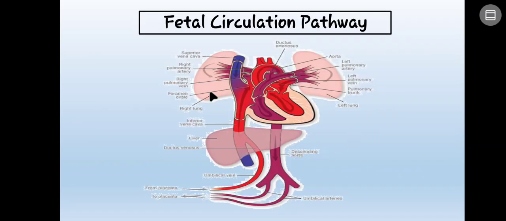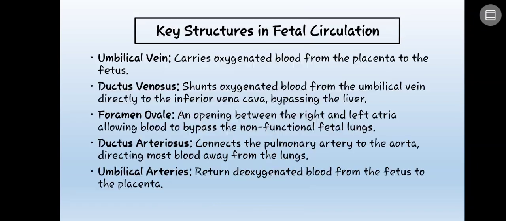Like I was saying, these fetal lungs are not functioning, so we don't need the blood to come through the right ventricle and go through the pulmonary artery to the lungs. So there is a shunt, the ductus arteriosus, which connects the pulmonary artery directly to the aorta. Then we have the umbilical artery.